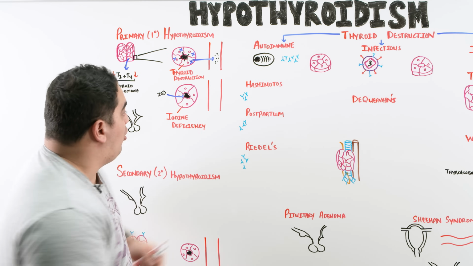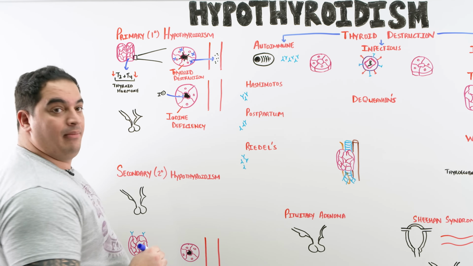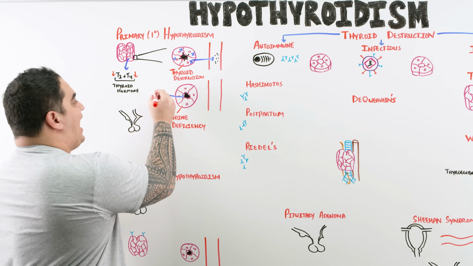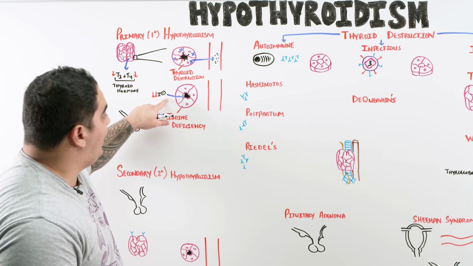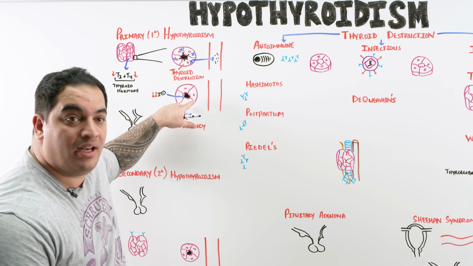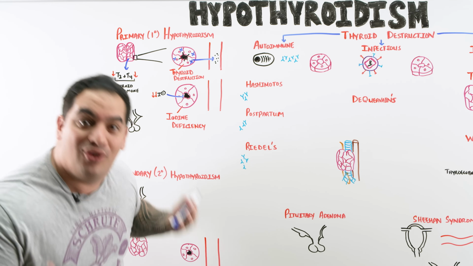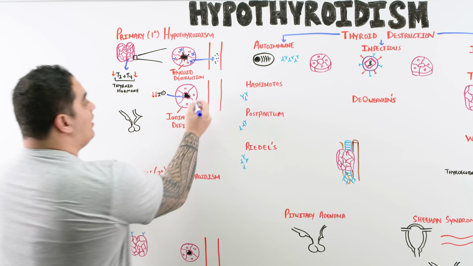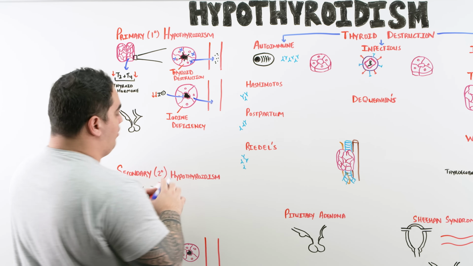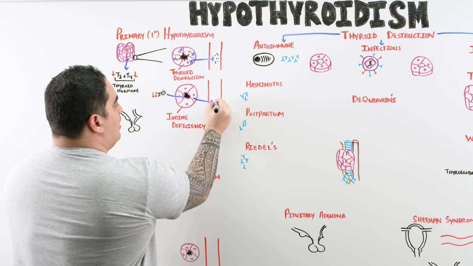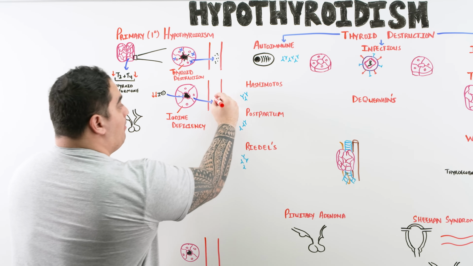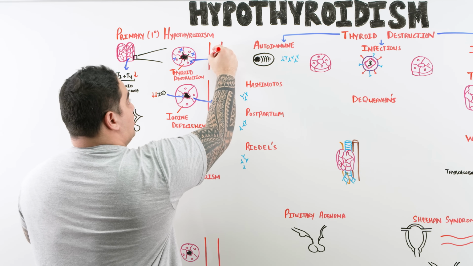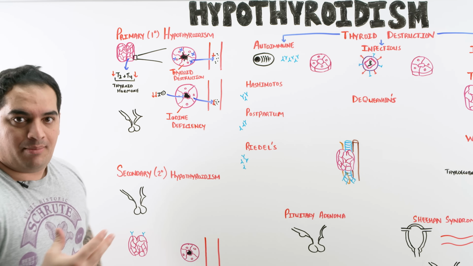And that thyroid hormone will then get released into the bloodstream. But what if I have a decreased amount of iodine? Am I going to be able to take the iodine, combine it with the thyroglobulin, and then make thyroid hormone? No. And so the problem here is that I'm not going to be able to make functional thyroid hormone. I'm not destroying the actual follicular cells, but I am reducing the production. So this is the concept here.